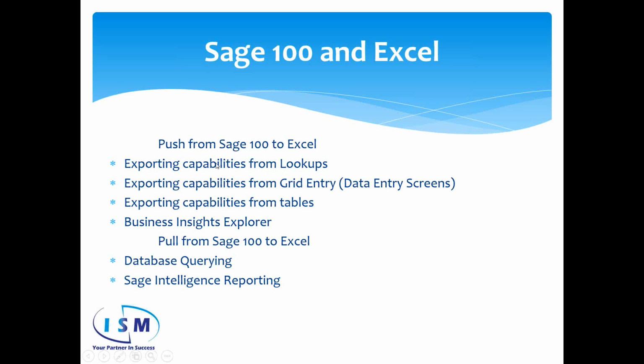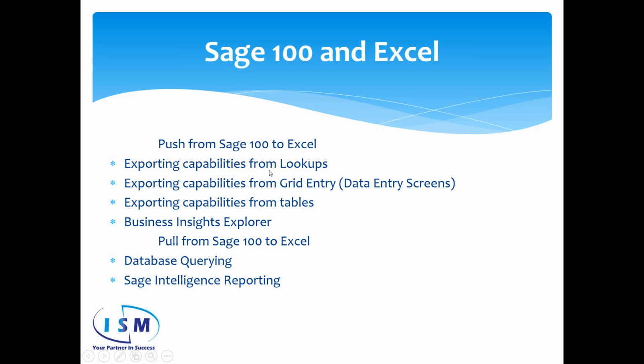One is what I call a push method. That is, you're starting in Sage and you're pushing the data to Excel. The other way is a pull method. That is, you're starting in Excel and pulling information from Sage 100 into Excel.